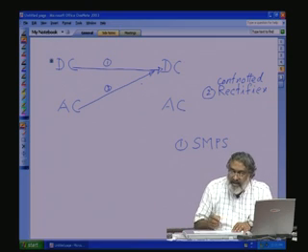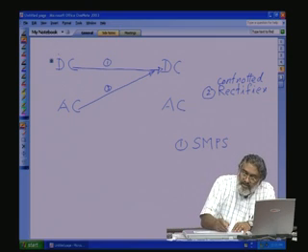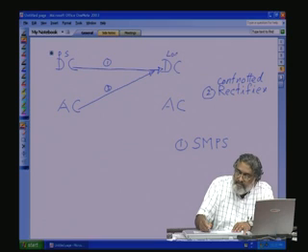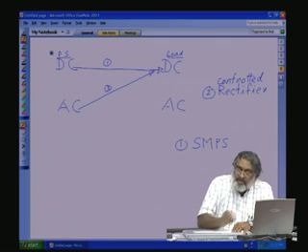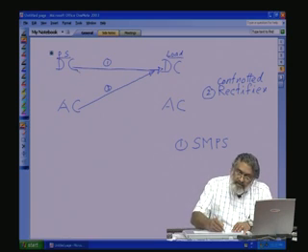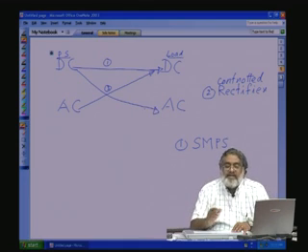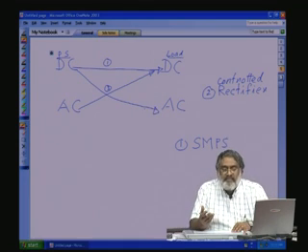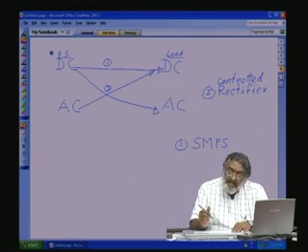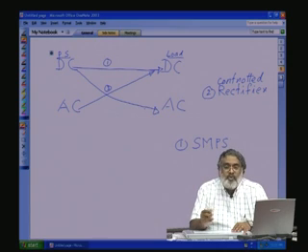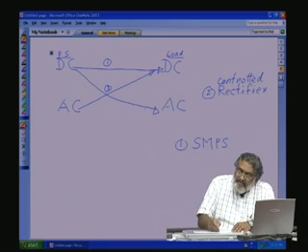Then the next conversion. This is the power source, and this is on the load side, or the motor side. DC to AC: a DC source, battery, or a rectifier output. That means what is available to us is a DC source, but we want AC. One example is UPS, that is basically inverters.